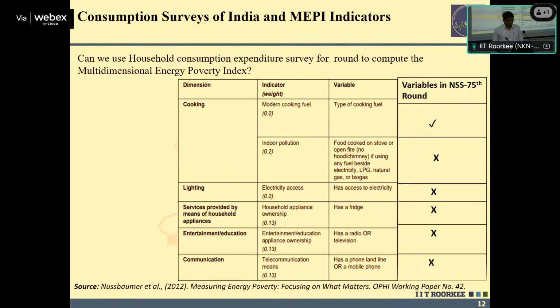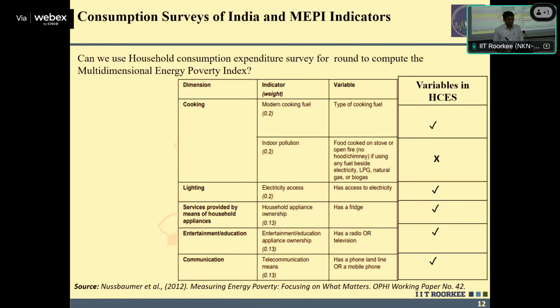We found that more variables except indoor pollution are available. So I think it is more suitable for you to work with the consumption expenditure round to estimate the energy poverty index using NSS. Okay.